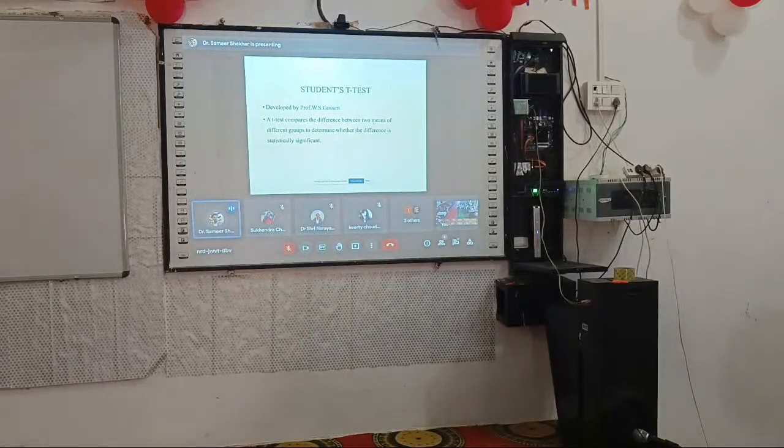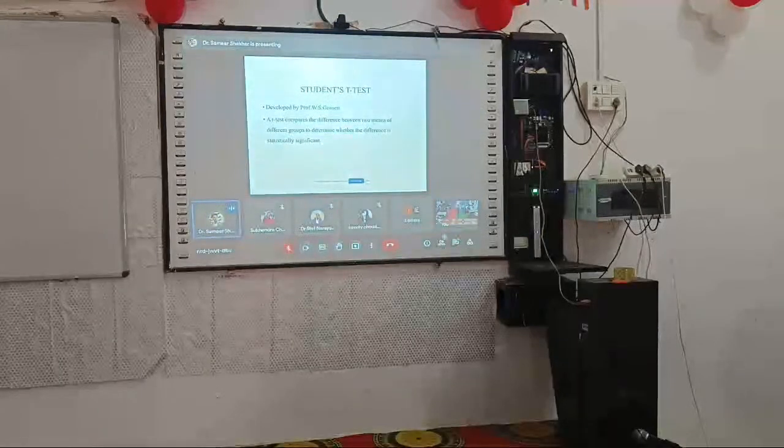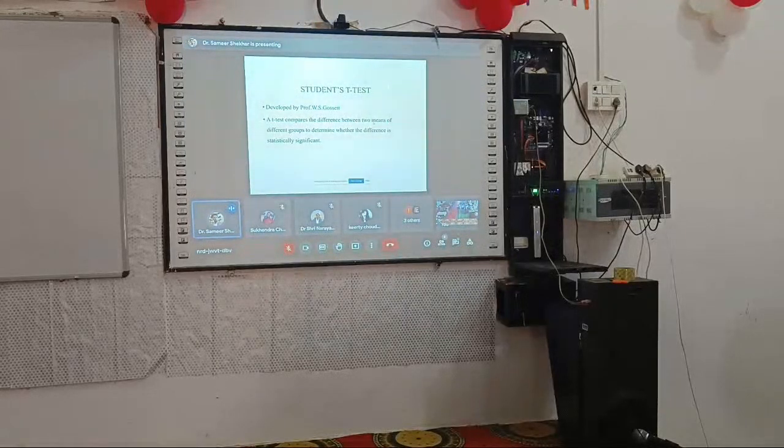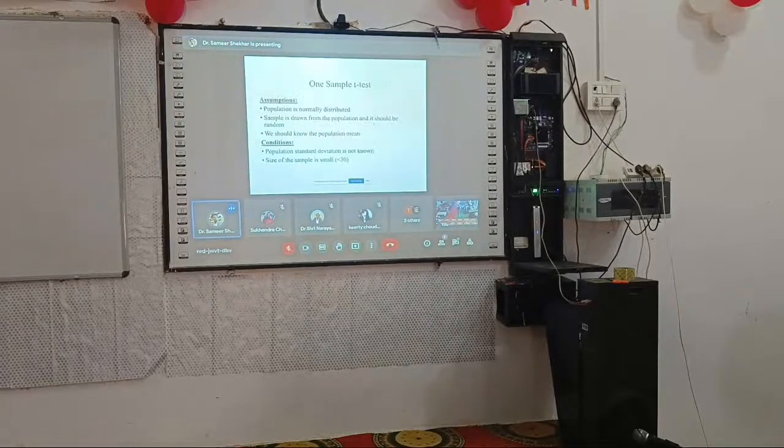Gossett was thinking to develop and establish this t-test, and therefore he wrote a paper in the pen name of a student, where he described and initiated this t-test, which later became popular as the student's t-test. A t-test compares the difference between the means of two different groups to determine whether the difference is significant or not, right?